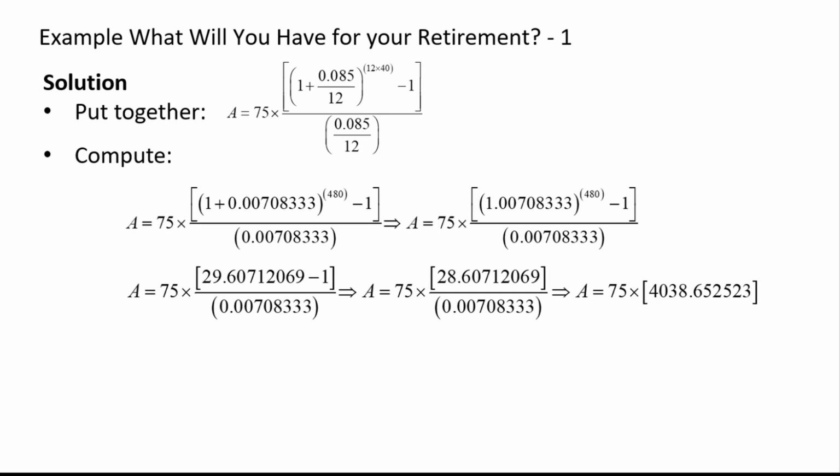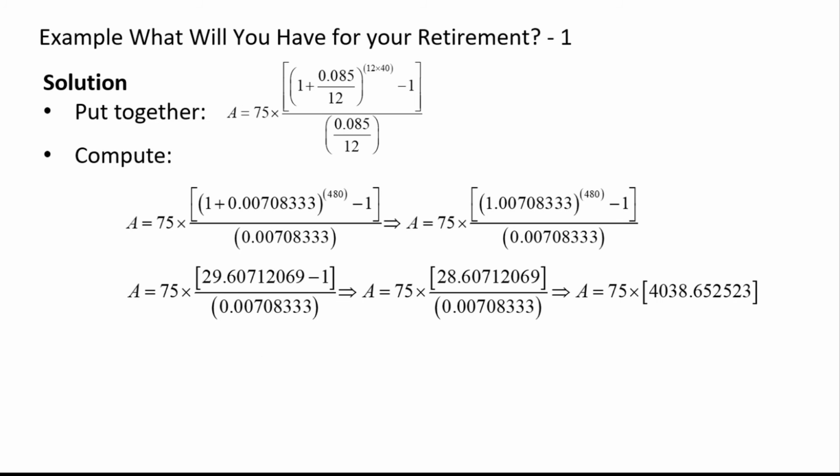Continuing, A equals 75 times, and in the numerator we now subtract the 1 from the expanded decimal, so we'll have 28.60712069, still divided by the 0.00708333. Don't skip steps.